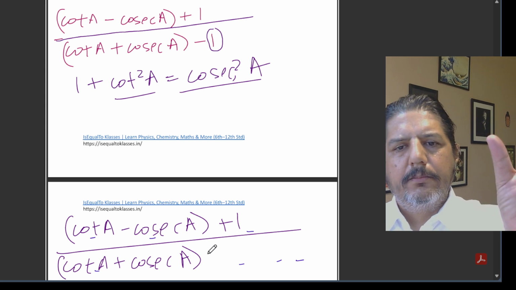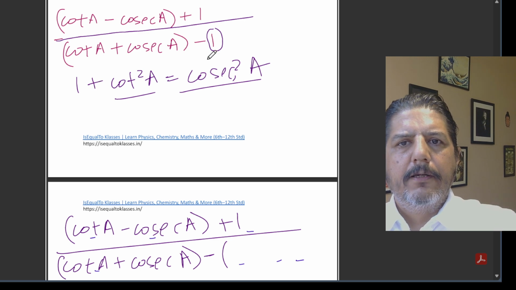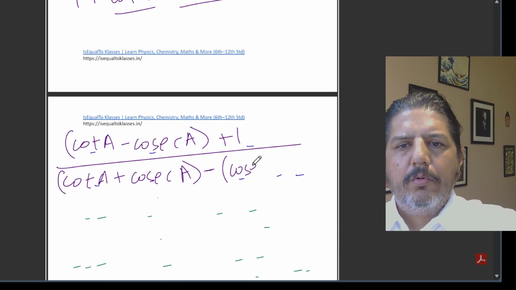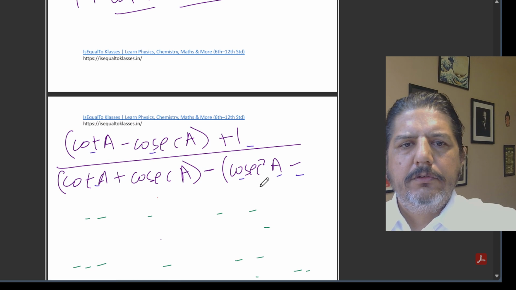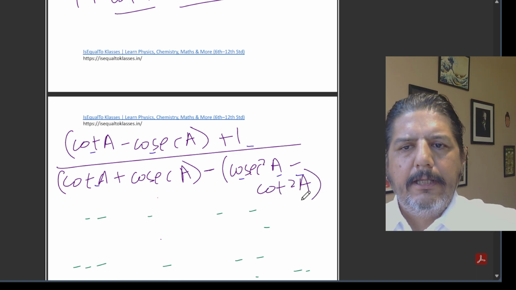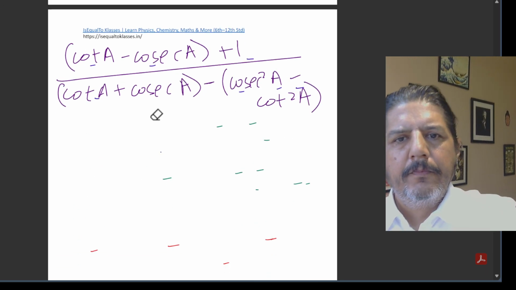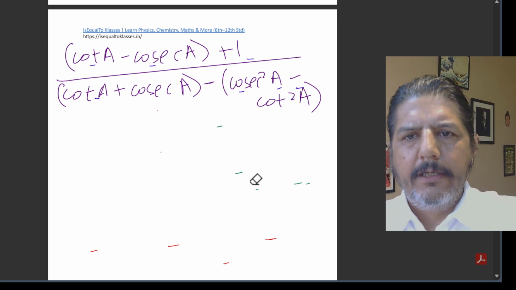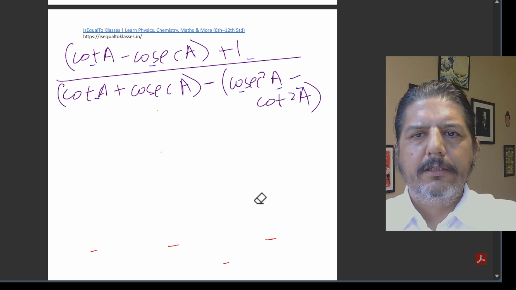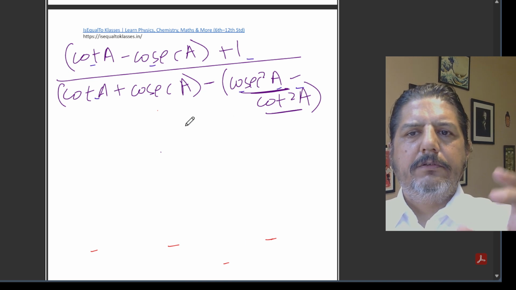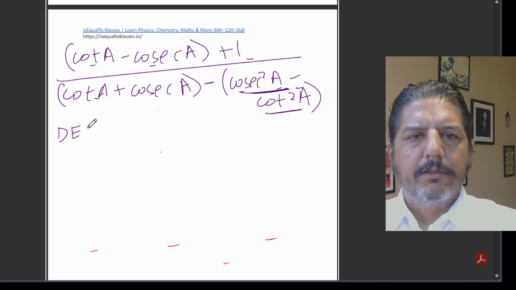This is one term, and minus this 1, I'm replacing it by cosec square A minus cot square A. Now, why do I do this? You'll understand in a while. See, if I look at my cosec square A minus cot square A term, I can write it as cosec A plus cot A multiplied by cosec A minus cot A. So let me show you the denominator.